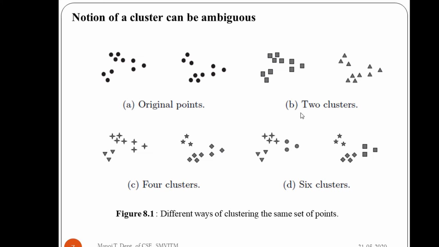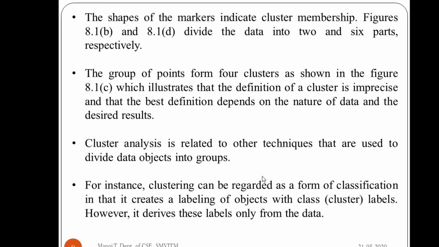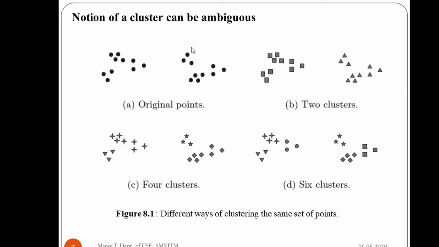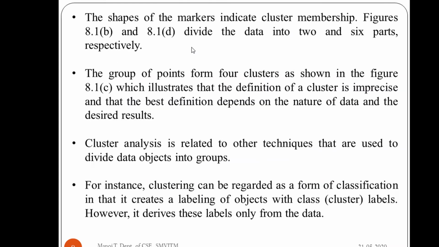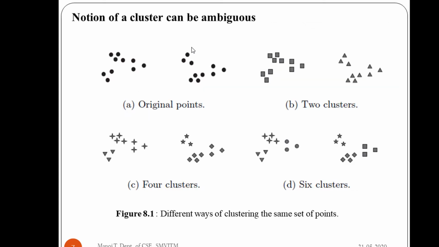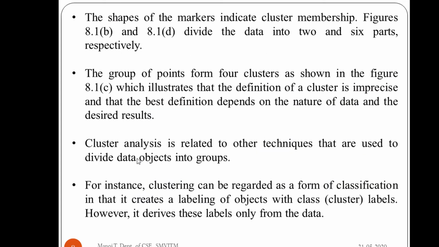In 8.1b it has been clustered into 2 clusters, in 8.1c into 4 clusters, and in 8.1d into 6 clusters. The shape of the markers in this figure indicates the cluster membership. 8.1b and d divide the data into 2 and 6 parts, and 8.1c has 4 clusters.